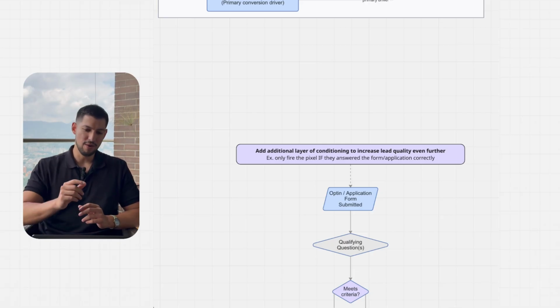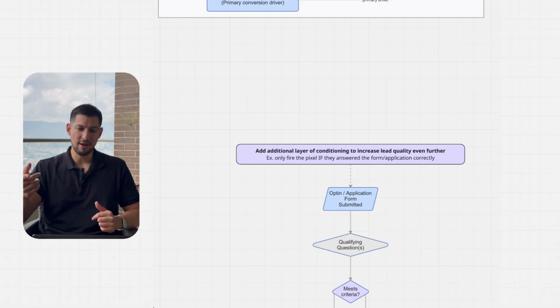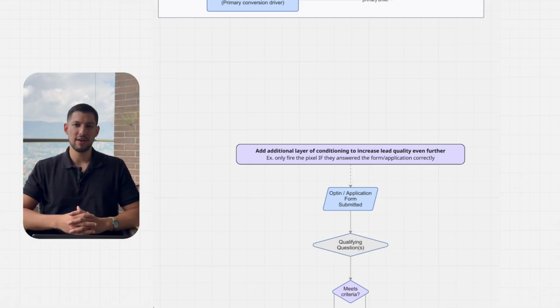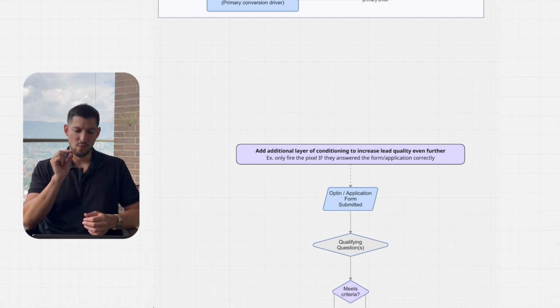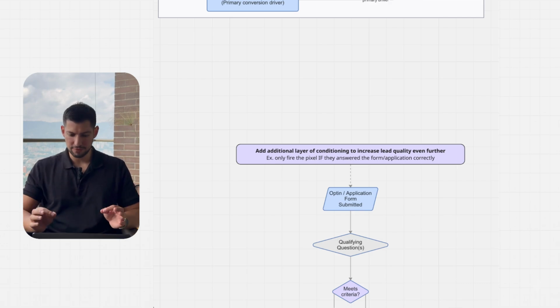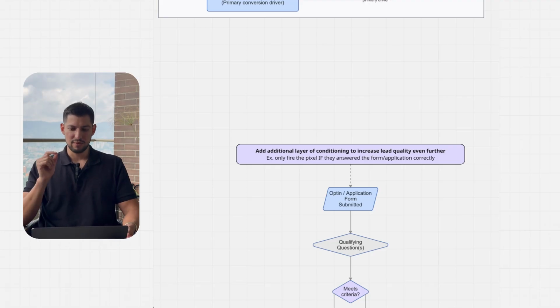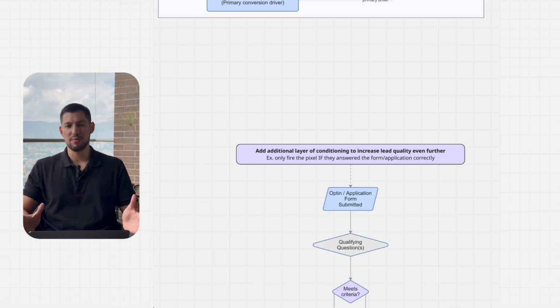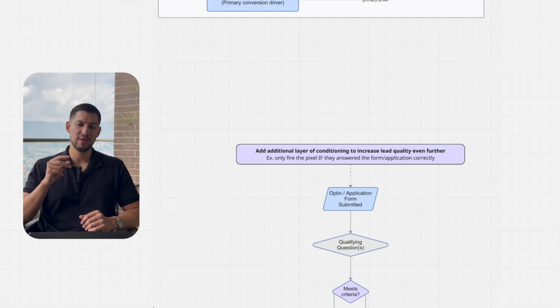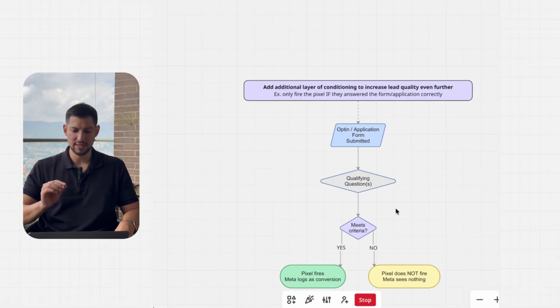And if they say no, I wouldn't have my pixel fire, because that's not a lead that's financially qualified to work with us, right? So in your case, ideally the less friction, the better, unless you're having really bad quality leads, then you want to increase that friction. But from a basic perspective, if you can ask one multiple choice question that can help you gauge whether this is a good lead or not a good fit at all, you can have your pixel only fire for that specific event.